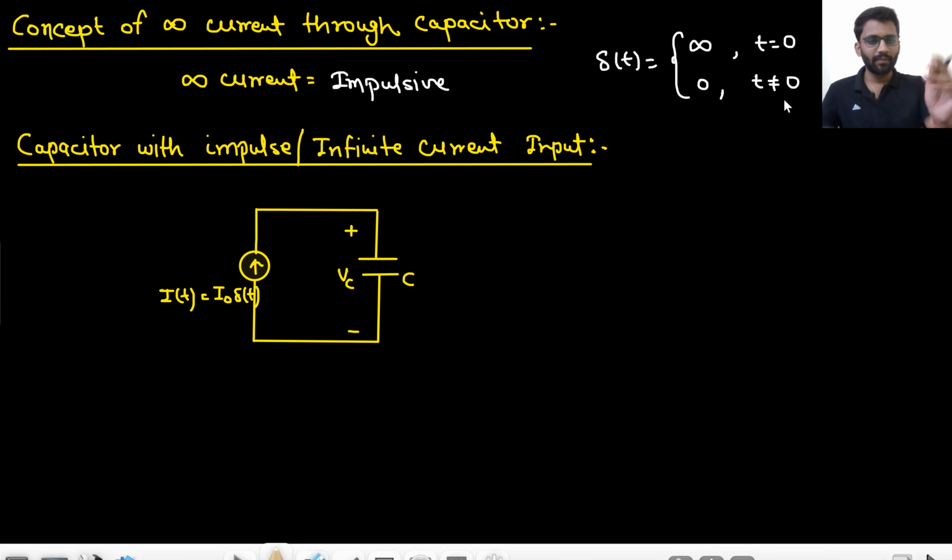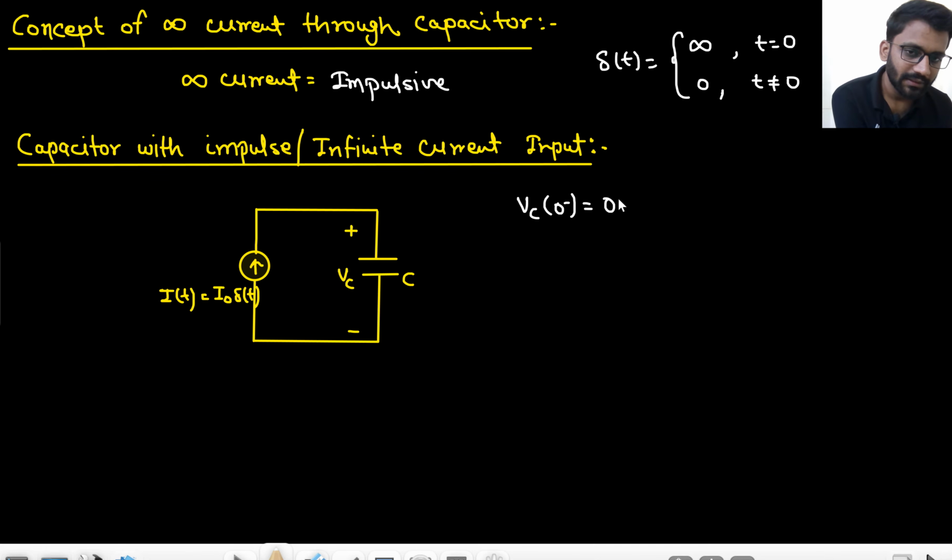Now I am forcing an impulsive current in the capacitor this time, and I will write down the equation of VC(t), because voltage cannot change. What is the value of VC(0 minus)? That is 0 volt.